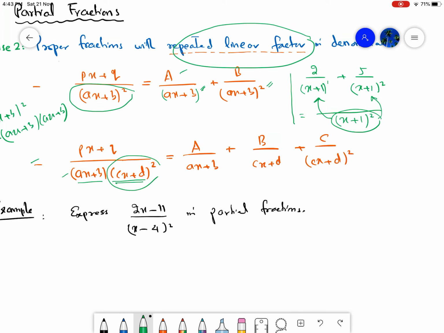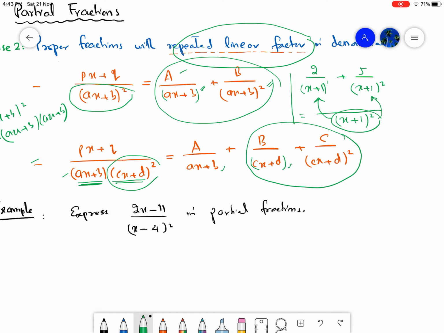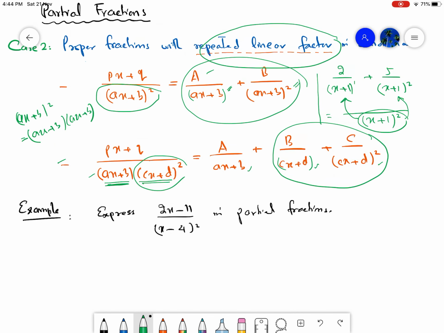The repeated factor will use this rule: partial fraction of the repeated factor is B over (cx + d) plus C over (cx + d) square, one with the power 1 and one with the square, and then the remaining part, A over (ax + b). So there will be three factors now: A over (ax + b), B over (cx + d), and C over (cx + d) square. So these are the possibilities, and if there are more factors in the denominator, you can expand it accordingly.